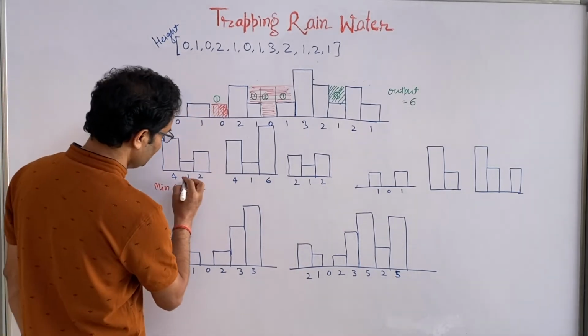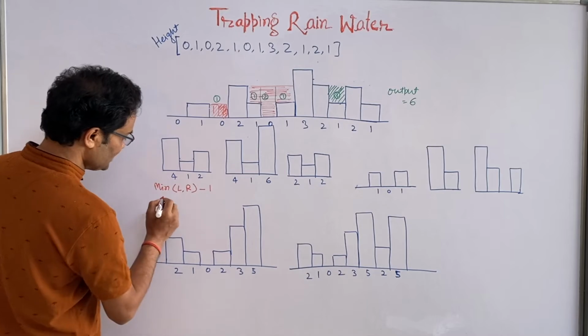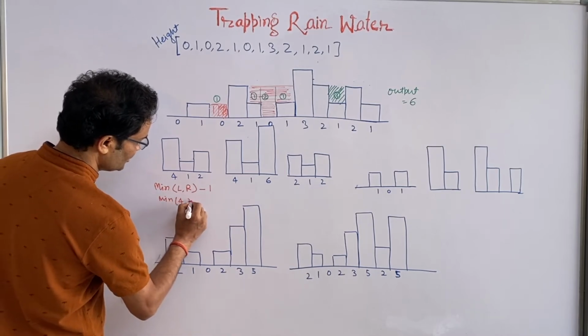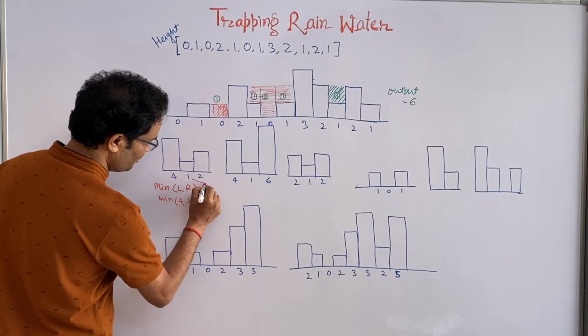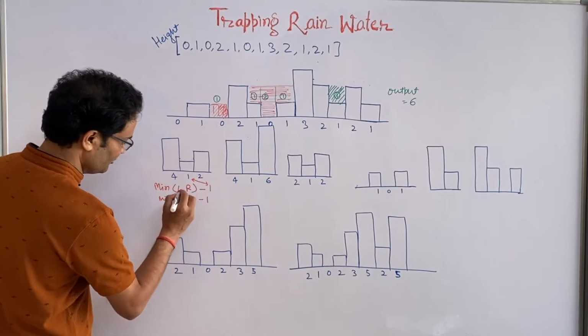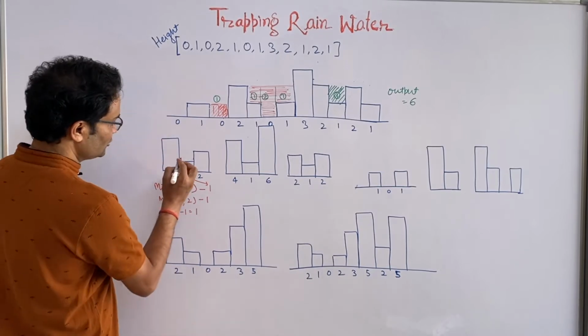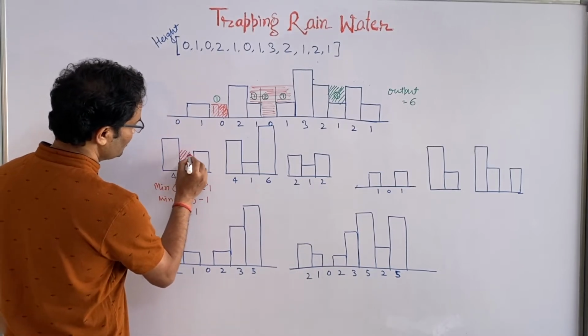So in this case, what is the minimum of the left and right? This is 4, this is 2, and this one represents the current building, how much height? So the minimum of 4 and 2 is 2, minus 1, so 1. So we can trap 1 unit of water.